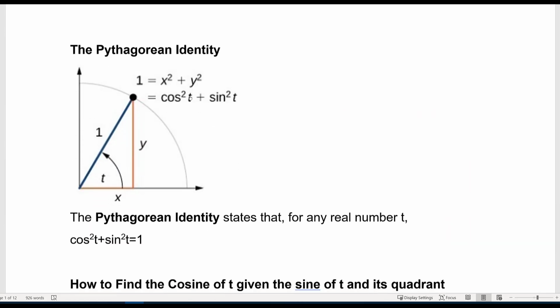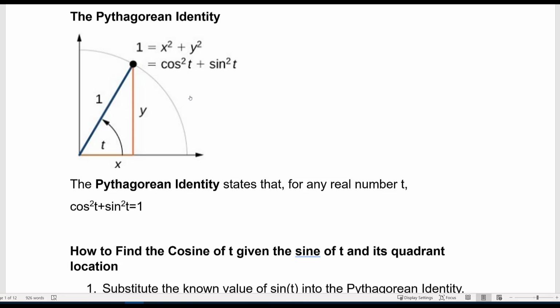Okay. Now, we're going to talk about the Pythagorean identity. You've heard about the Pythagorean theorem. We know that in a right triangle, the sum of the squares of the sides, so a squared plus b squared equals c squared, the square of the hypotenuse.